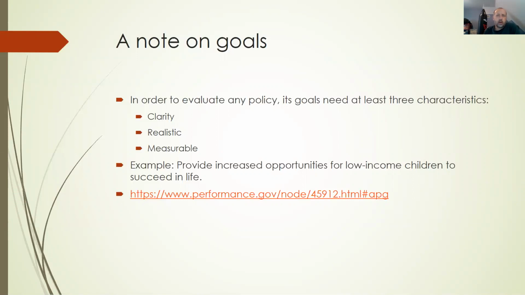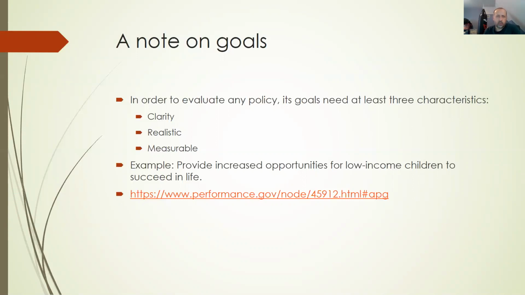There are three general characteristics that you need to have in terms of your goal. The first one being clarity, that it is very obvious what you're trying to do. If you're writing it down or talking about it, you're using language that is easily understood.